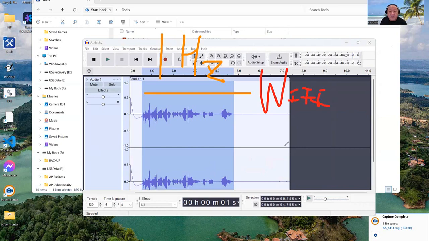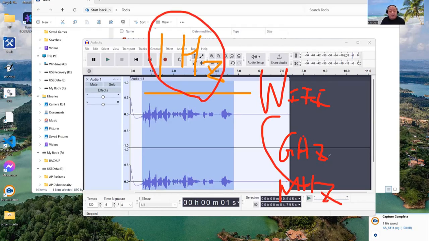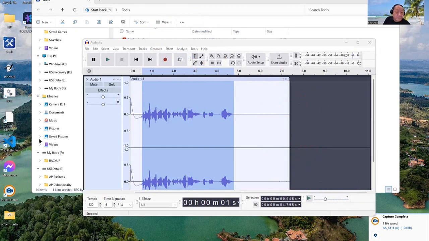Wi-Fi is using gigahertz, right? You may have megahertz. So what does it mean by hertz, gigahertz, megahertz? Do you know?